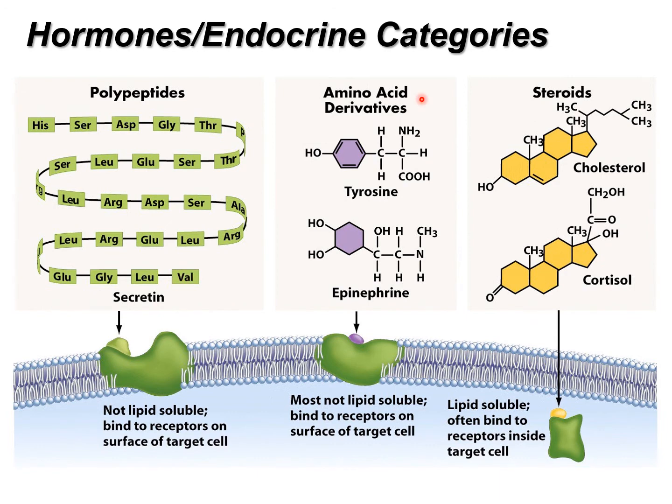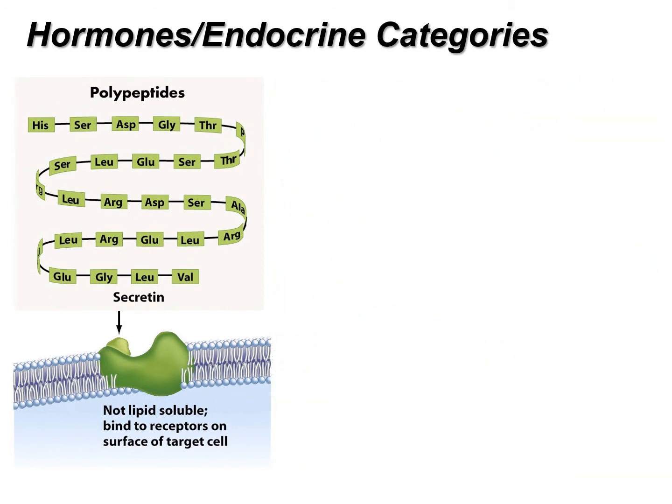We have molecules that are derived from amino acids, sometimes referred to as amines. Tyrosine, and epinephrine is a derivative of tyrosine. So we're going to talk about those. And then lastly, we have what are called the steroid hormones, which are derived from cholesterol. So an example of one is cortisol. We're going to talk about all three. Let's get started with the polypeptide hormones first.